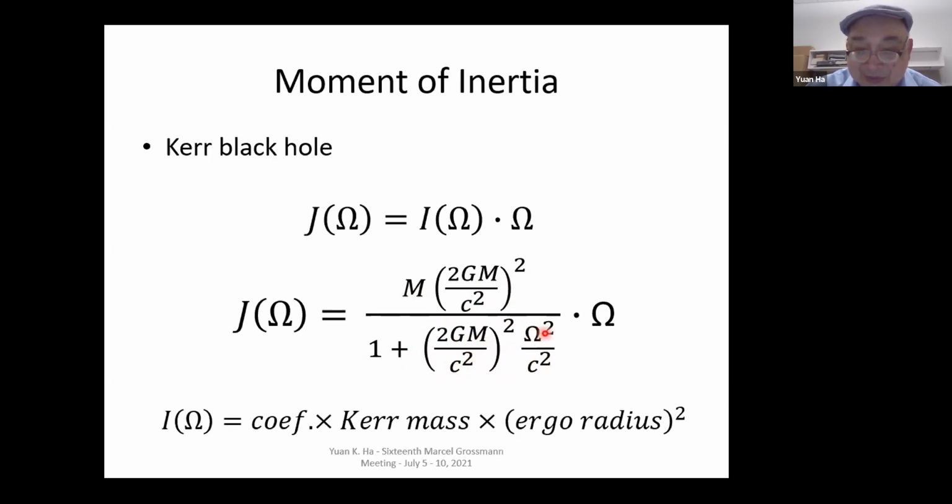They combine to give an ordinary velocity, and then divided by the speed of light, it becomes a dimensionless number. So the whole denominator just becomes a coefficient in this expression. And in the numerator, we have the mass and the ergosphere radius. So the structure of the moment of inertia is a coefficient times a Kerr mass times the ergosphere radius squared.